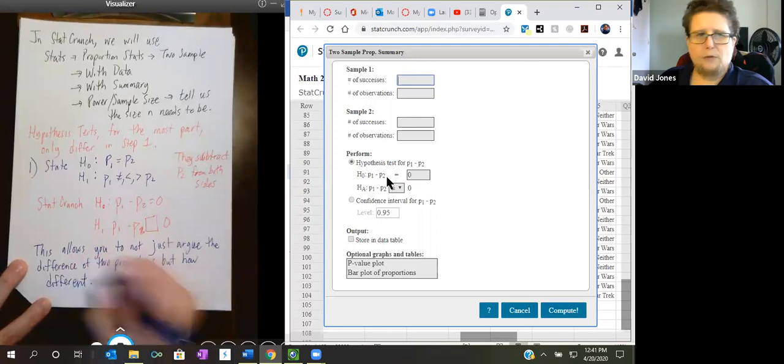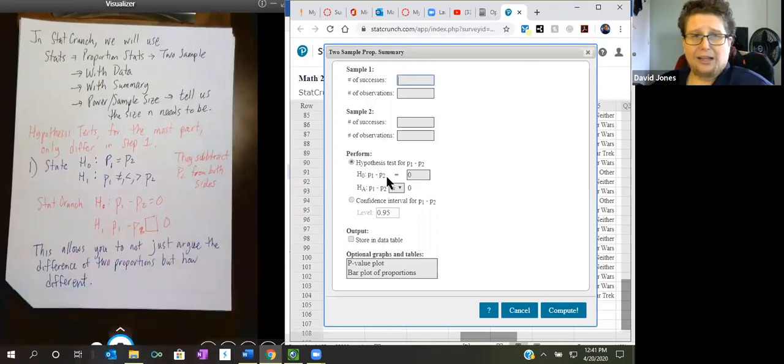If we think P1 is going to have a lot higher proportion than P2, we might say we think they're 10% apart or 0.1 apart. So that allows us to change some things up.